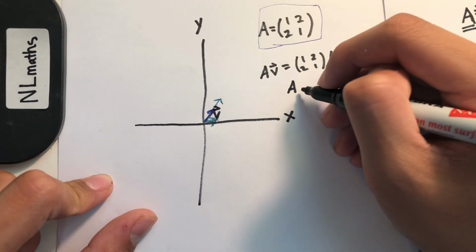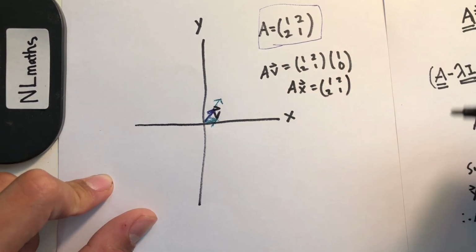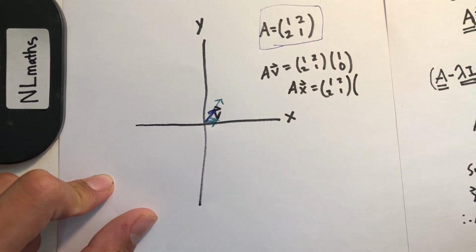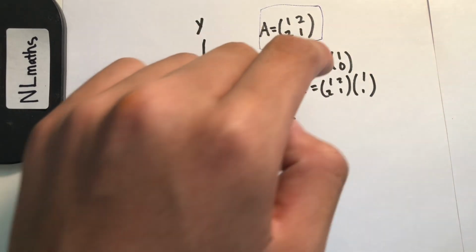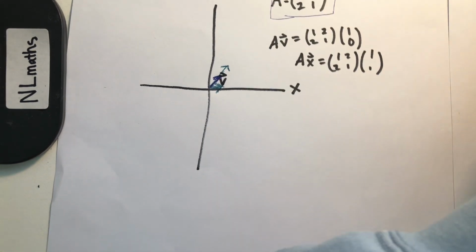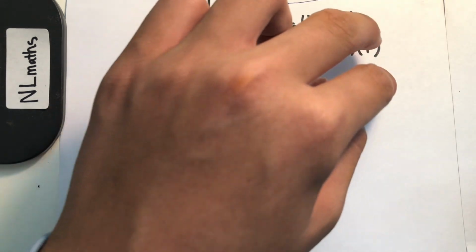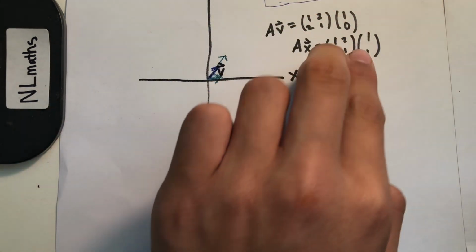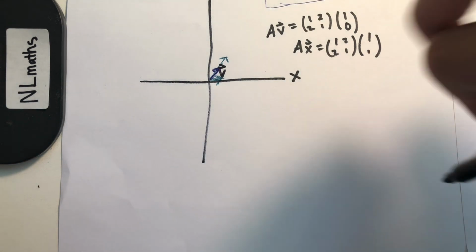So we are going to have A times our eigenvector equals 1, 2, 2, 1, multiplied by 1, 1. So that means, if you remember, 1, 1, it takes it to 1, 2, and 2, 1. Or we can set up the simultaneous again.